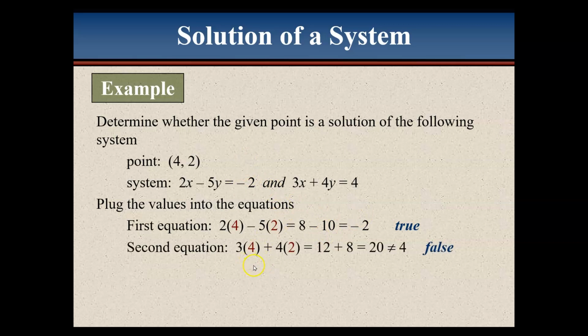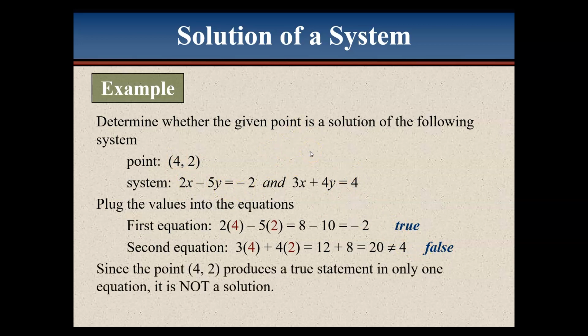For the second equation, 3 times 4 is 12, 4 times 2 is 8, 12 plus 8 does not equal 4, as stated in the equation up there, so that is false. So this point (4, 2) does not lie on both equations, so therefore it is not a solution to the system.